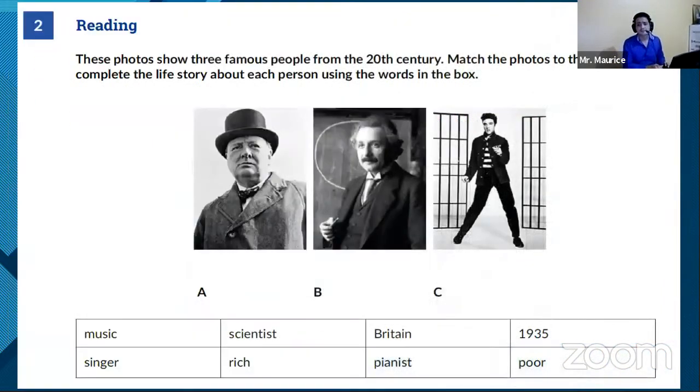Look. Let's practice this. This photo shows 3 famous people from the 20th century. Below these photos, we have some words: music, singer, scientist, rich, writer, pianist, 1934, and poor.